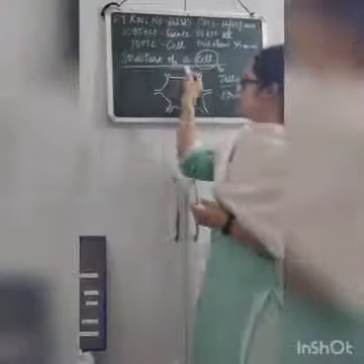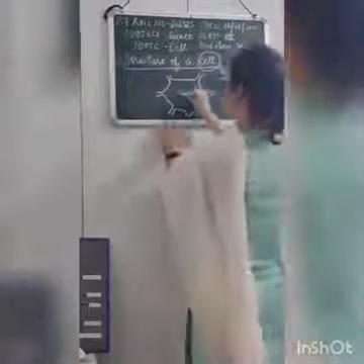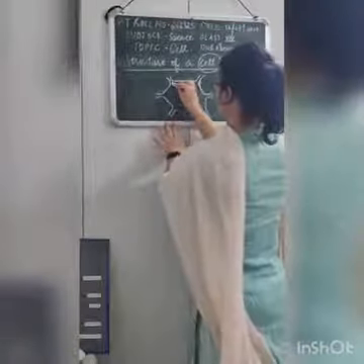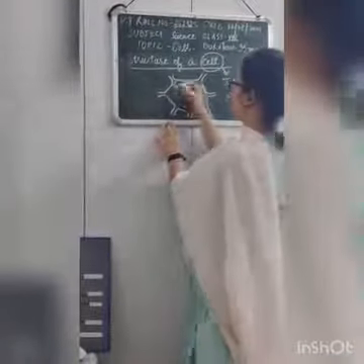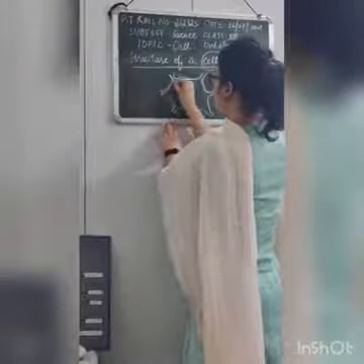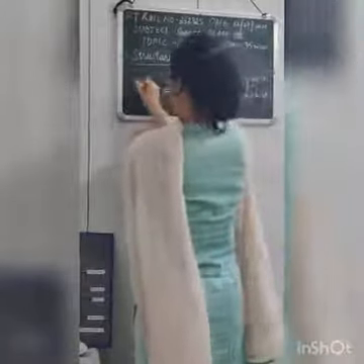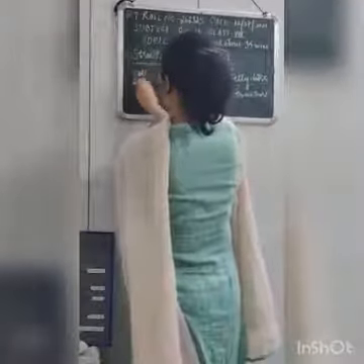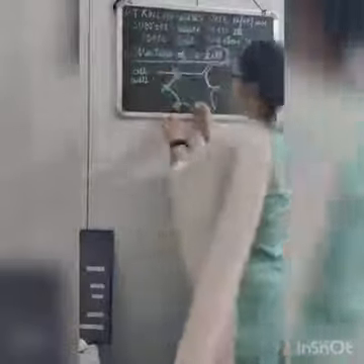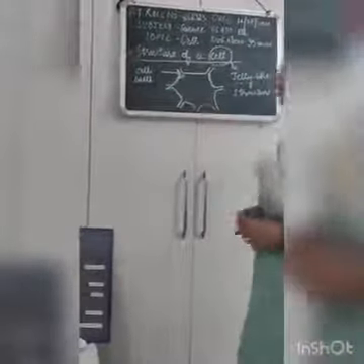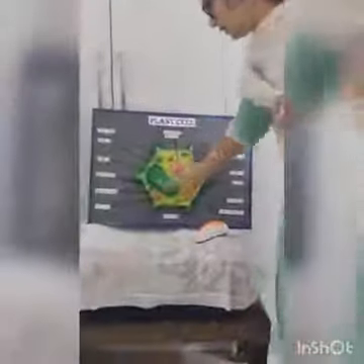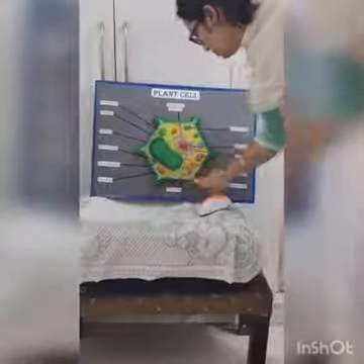Moving forward to the structure of a cell, we will start from the outside. The outer membrane or the outer wall of the cell is called the cell wall. Right? In this structure, we have this cell wall, which is the outermost membrane of the cell.